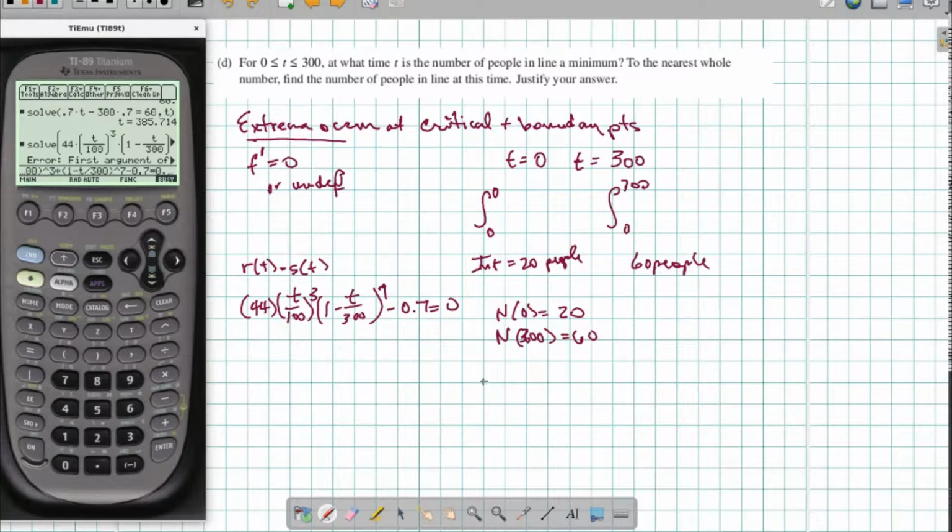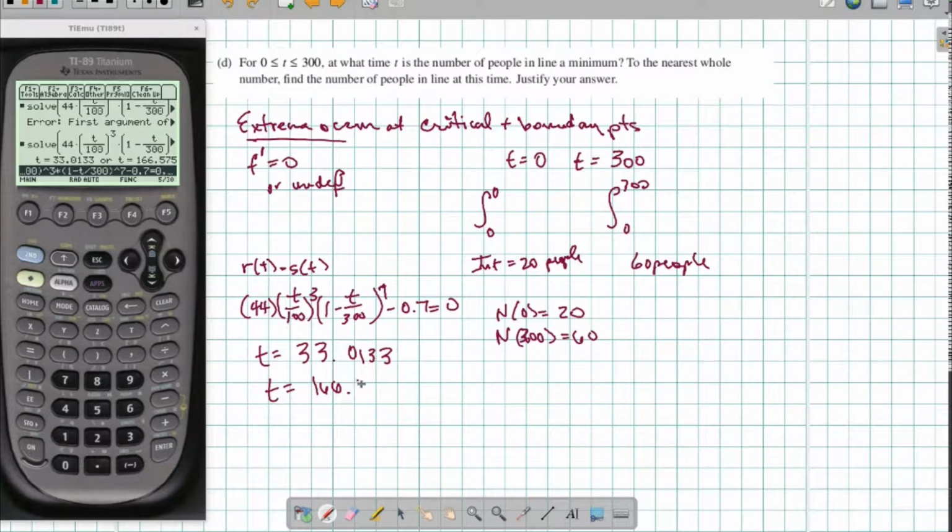I've already done this though, and I'm going to tell you that they occur at 33.0133 seconds, and t equals 166.575 seconds. Oh look, it's already got that up, great. So now what I need to do is figure out what n of 33.0133 is, and what n, the number of people at 166.575.